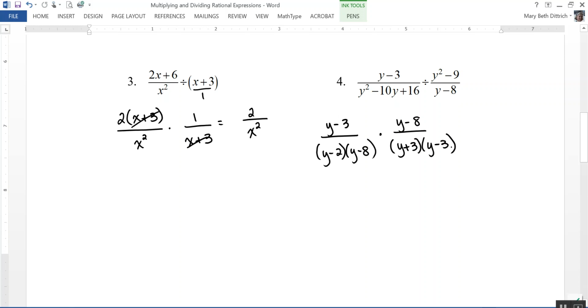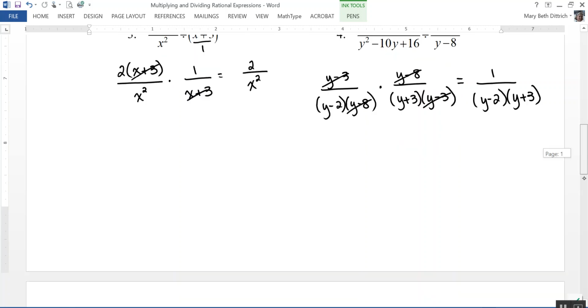And now I can cancel out common factors. So I'm seeing a y minus 8, and I'm seeing a y minus 3. And again, I have nothing left on top, but there is actually a 1 up there over y minus 2 times y plus 3. And again, you could multiply that out and have a trinomial in the denominator, or you can leave it in factored fashion like that.